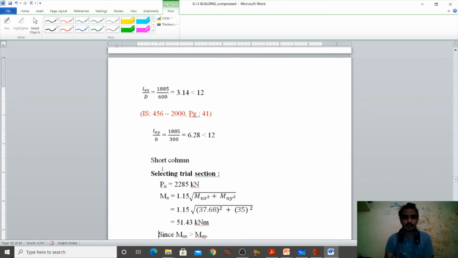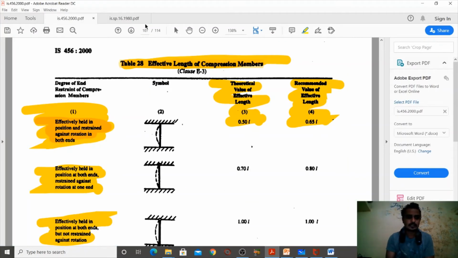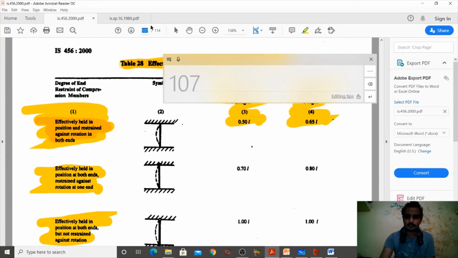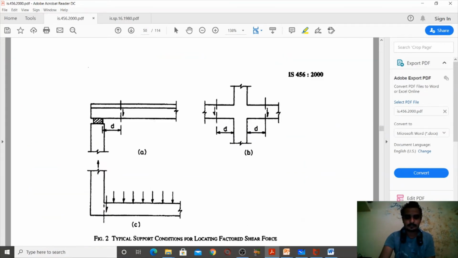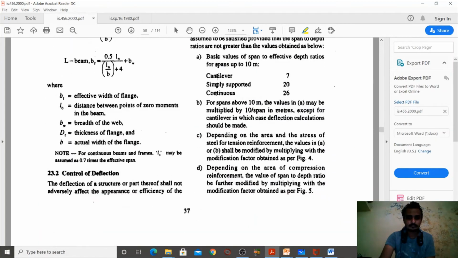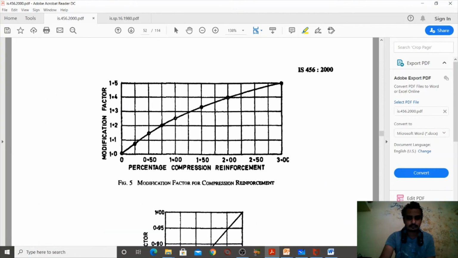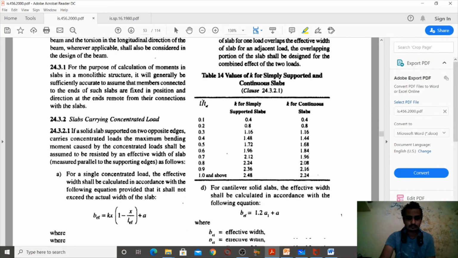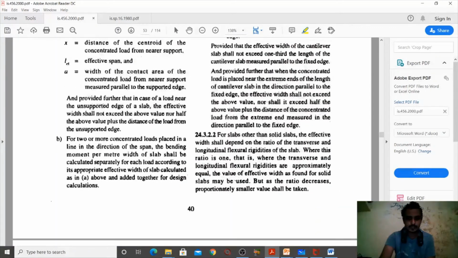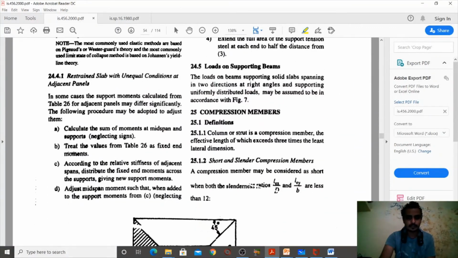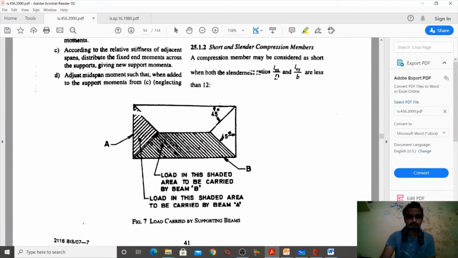Now we have to go again to IS 456 2000, page number 41. Look here: short and slender compression member.